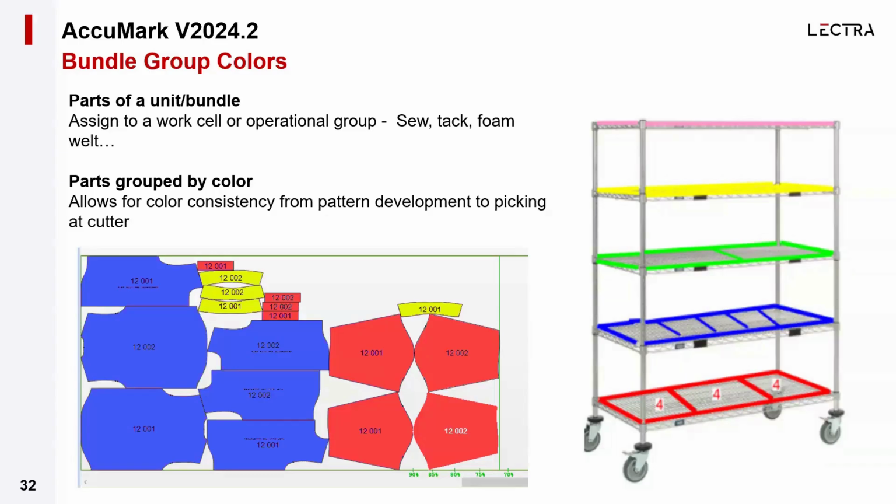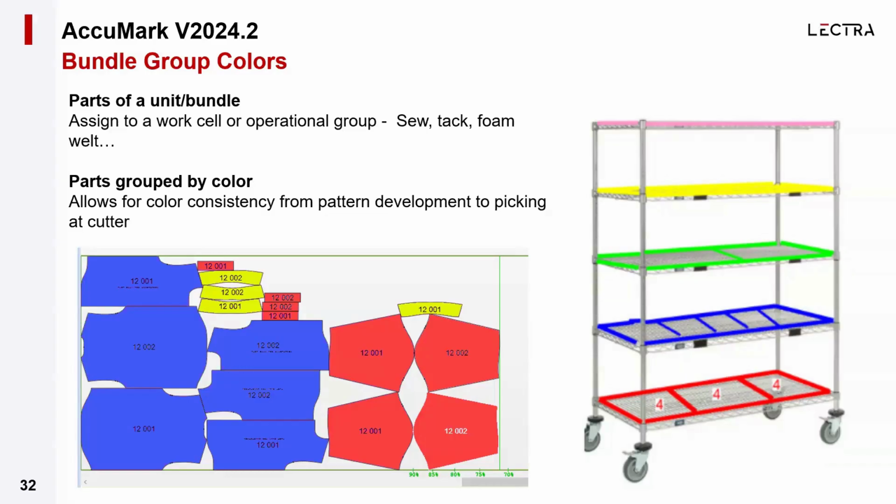Maybe they're not part of a bundle itself. Maybe they're not part of one model or something, but they all have to have a certain operation performed on them. So they need to have special sewing operation performed, or they need to have a certain foam application performed to them. So you're grouping these pieces together to either put them in a certain location in the factory or a certain work cell. So you can group these together and they can have that color consistency performed.